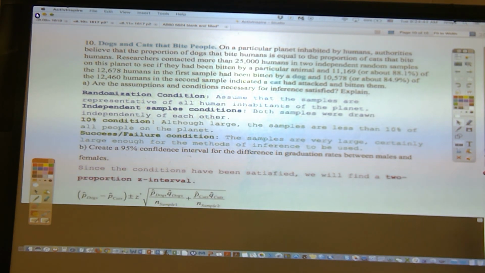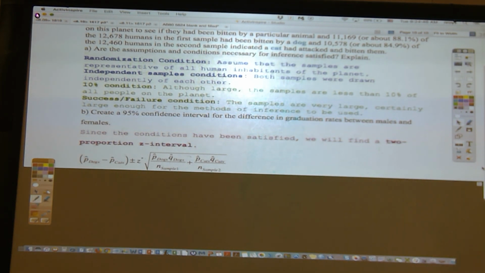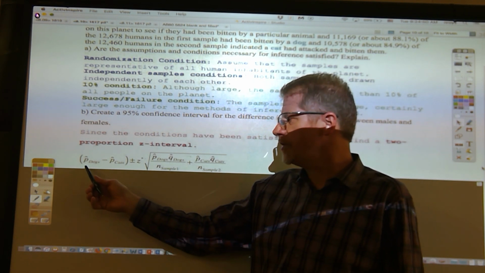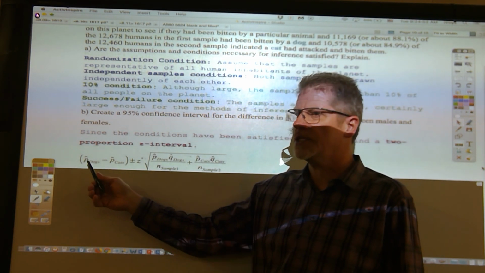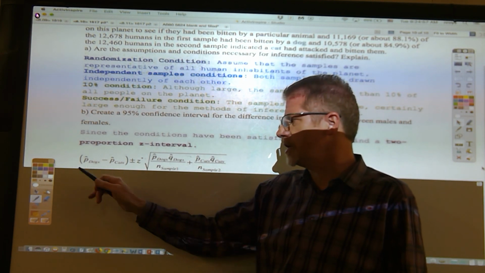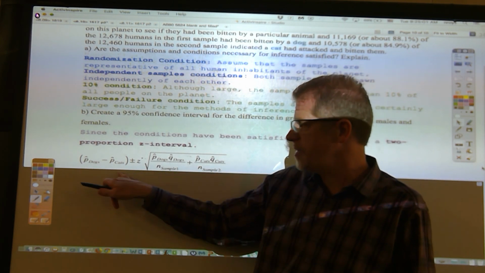And notice how we fill it in first. You're allowed on the AP test to use meaningful subscripts. So you can avoid writing the phrase, let p-hat dogs represent the proportion of the sample that were bitten by dogs. If you write a full word here instead of just a number 1, then it will be meaningful.